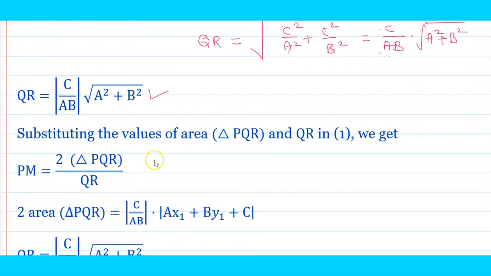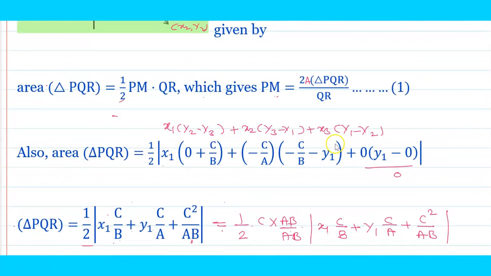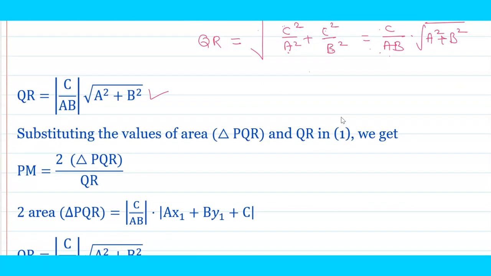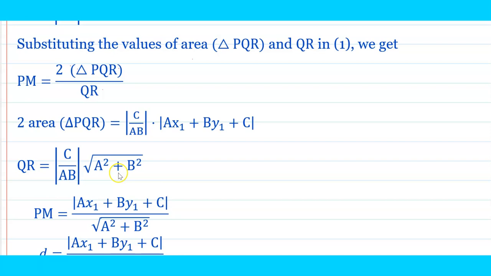Now, we'll substitute the value of area of triangle PQR and the QR in 1. See this here? Because we want to find out this PM. Therefore, the PM is equals to 2 times area of triangle PQR upon QR. Now 2 times area of triangle PQR means what?